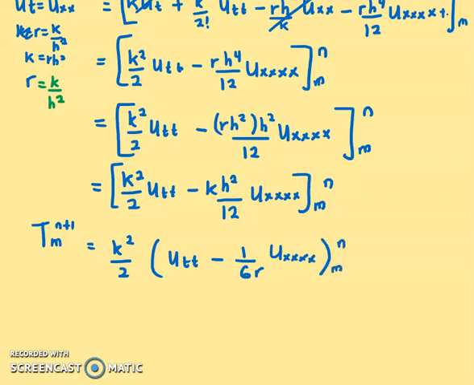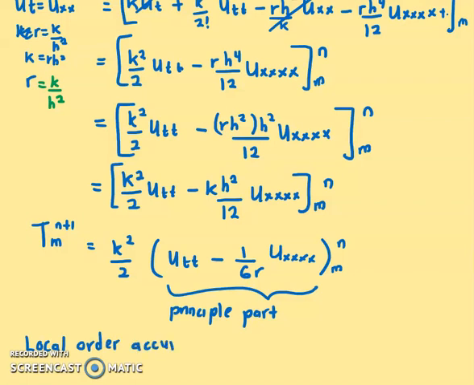There you go. So this is called the principal part of the LTE. So the local order of accuracy is given by k squared plus k h squared; forget about the plus or minus sign, k h squared. Okay, so this is how you find the LTE for the explicit 4-point scheme. That's all for today.